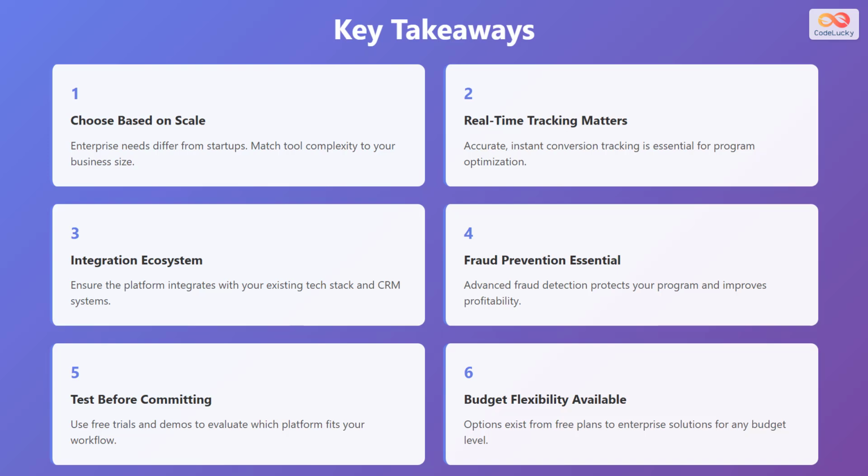Fourth, fraud prevention is essential because it directly protects your profits and keeps your program healthy. Fifth, test before committing by using free trials and demos to find the best fit for your workflow. And finally, remember that budget-friendly options exist for every level, from free plans to enterprise solutions. Now you have the knowledge to choose the right affiliate marketing management tool for your business.